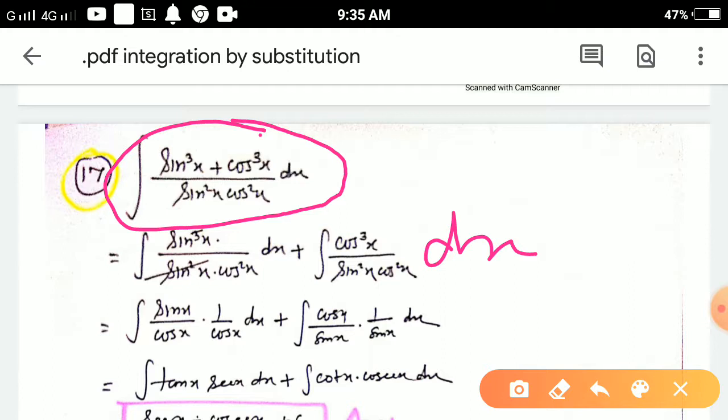Now, on solving, it will be integration of sin x by cos x into 1 by cos x dx plus integration of cos x by sin x into 1 by sin x dx. We know that sin x by cos x is equal to tan x, and 1 by cos x is equal to sec x. Therefore, it will be tan x sec x dx plus integration of cos x by sin x, which is cot x, and 1 by sin x is cosec x dx.